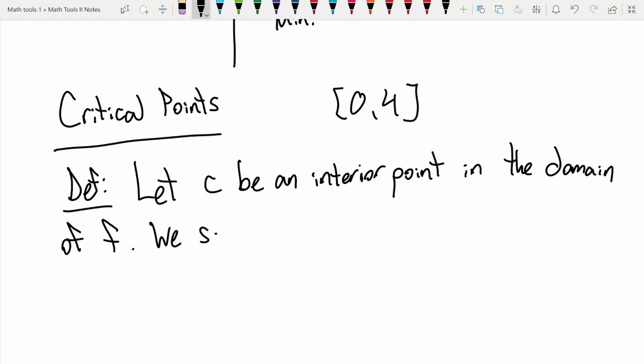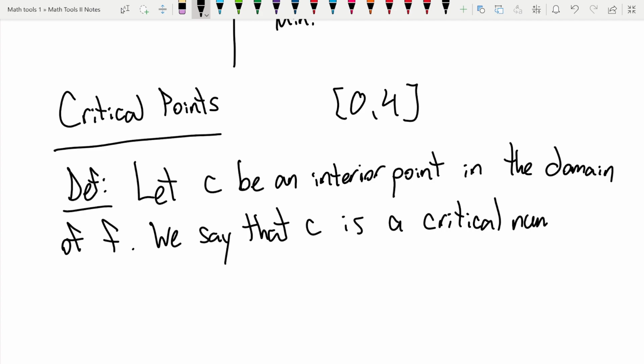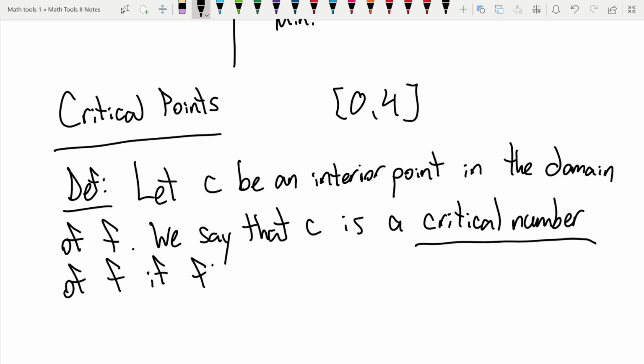We say that C is a critical number of F if F prime of C, the derivative of F at C, equals 0, or, and this is one that's often kind of forgotten but is equally important, F prime of C is undefined.